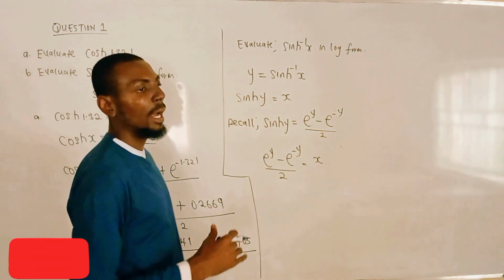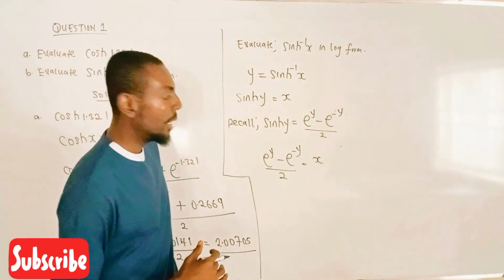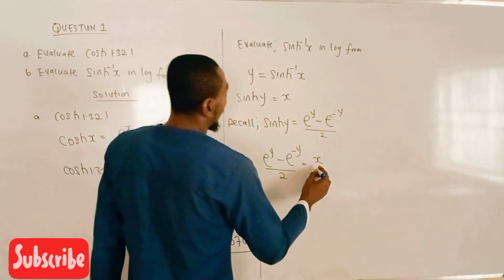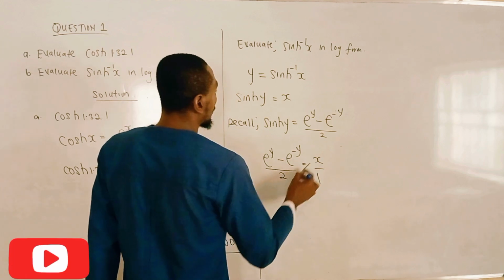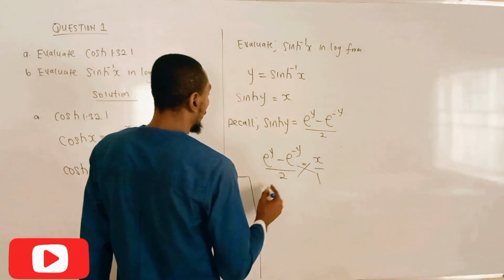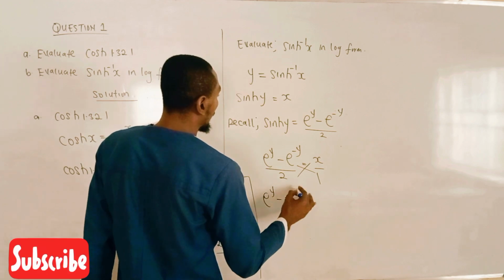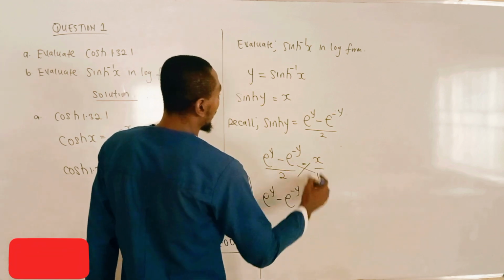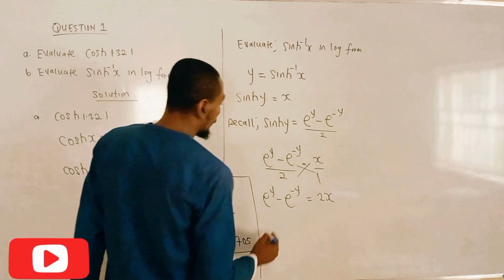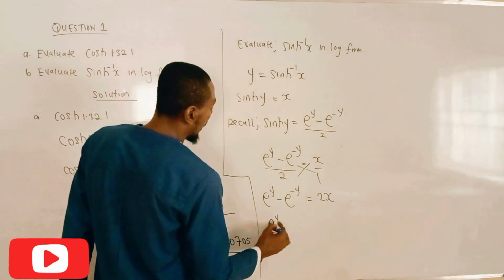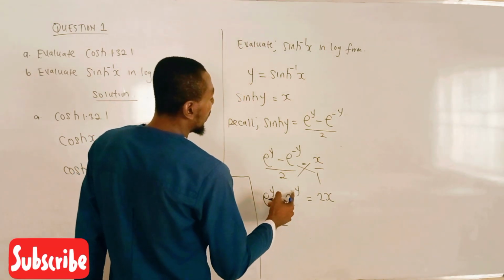And remember, we are solving for the value of y. So we cross multiply here. We have exponential y minus exponential minus y equal to 2 times x, which is 2x. So we now have exponential y minus the indices there.